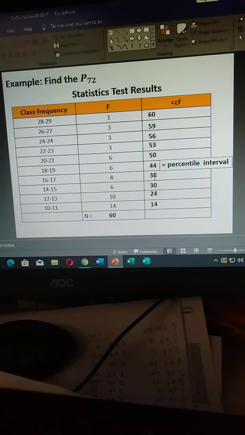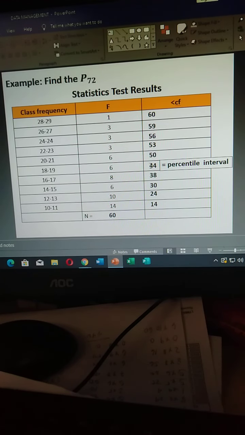Hindi pa sa 38 kasi wala dyan si 43.2. Andito siya sa 44. Oo, nakuha din ni 50, pero mas malapit siya sa 44. Kaya ito yung magiging basis natin. So, ito yung tinawag natin ngayon na percentile interval.